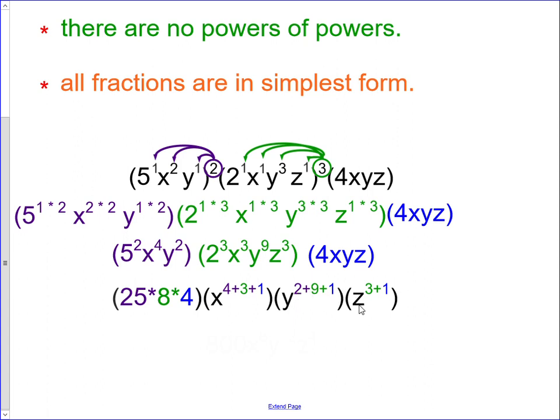Then last but not least, we have z to the third power times z to the first power, which would be z to the 3 plus 1 power. So we go ahead and find those powers, and 25 times 8 times 4 is 800. So we have 800 x to the 8th, y to the 12th, z to the 4th.